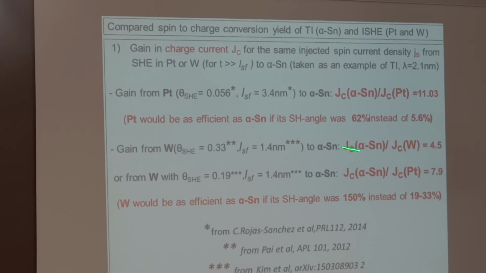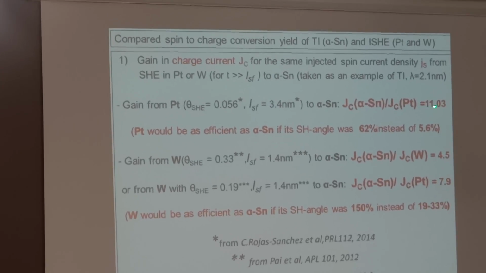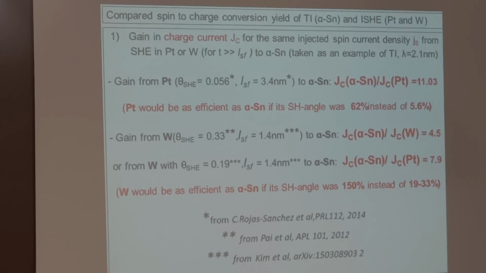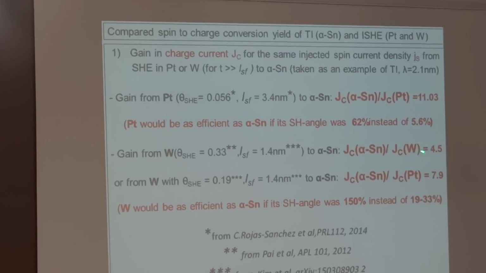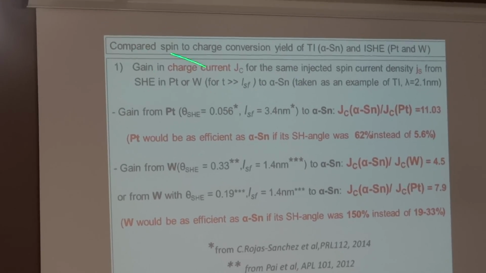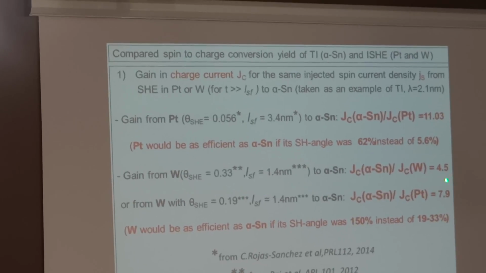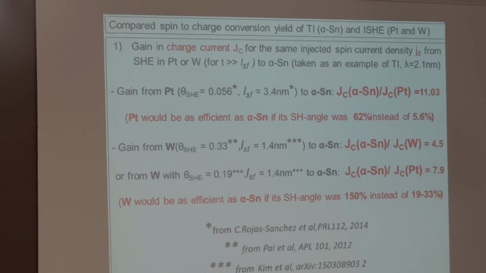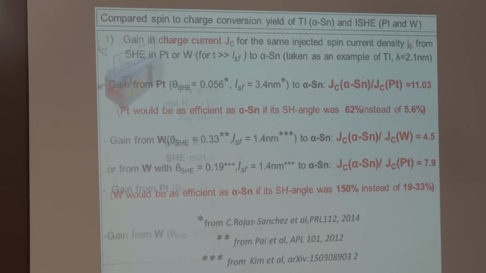And then one sees that there is always a large advantage, a factor of more than 10, going from platinum to alpha-Sn, or from tungsten to alpha-Sn. The enhancement is by a factor of, depending on the experimental data you take for tungsten, from 4.5 to 8. So there is an advantage of more or less one order of magnitude.